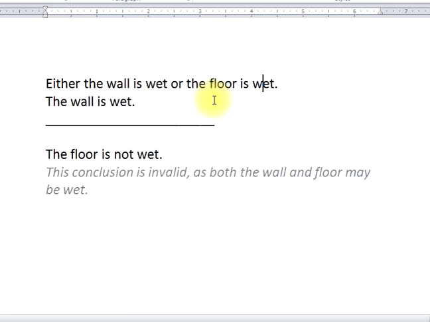Can't you imagine both the wall and the floor being wet at the same time in a natural or unintentional setting? So if you affirm one option, that doesn't automatically mean that the other option must be negated. If it is in a major premise, that's just either or. Okay? So this is not correct. You can't draw this conclusion.